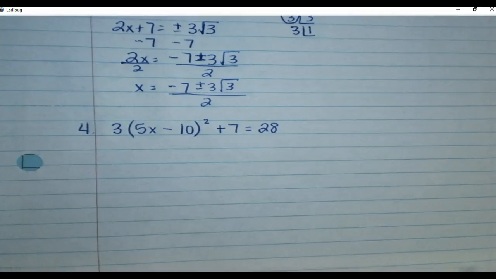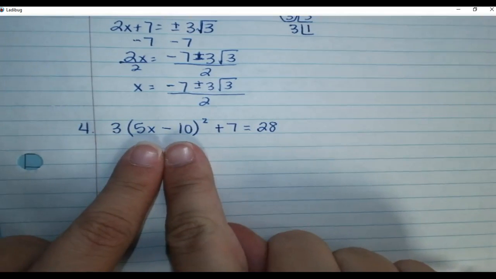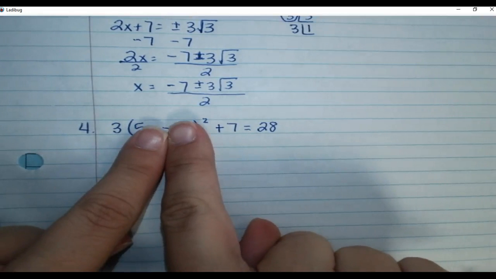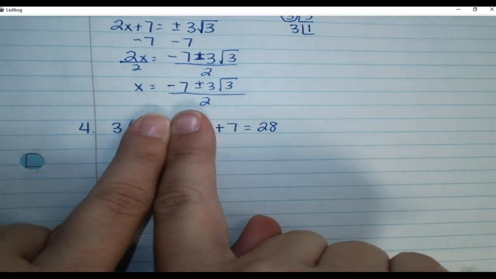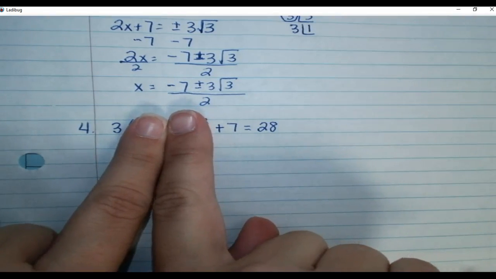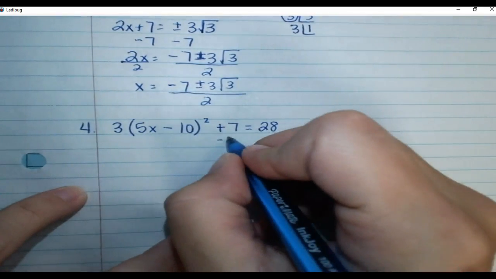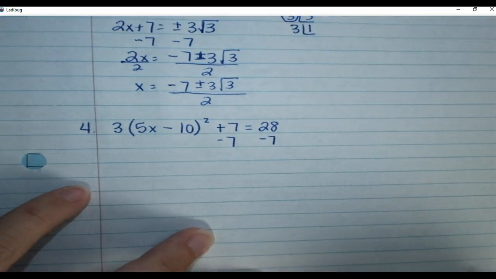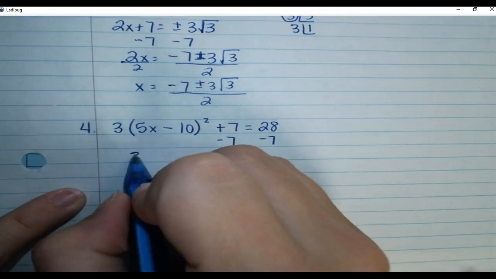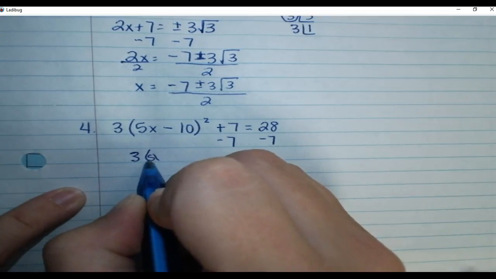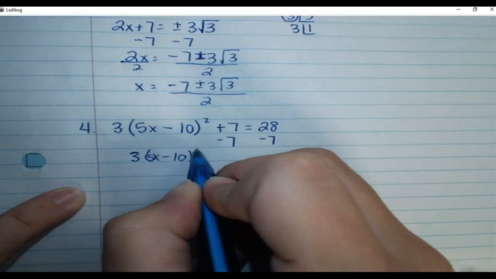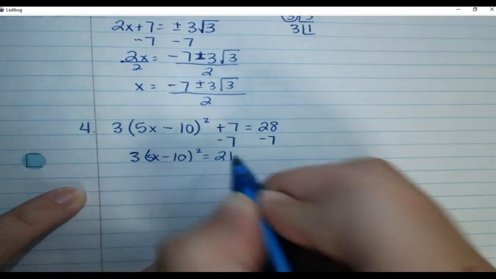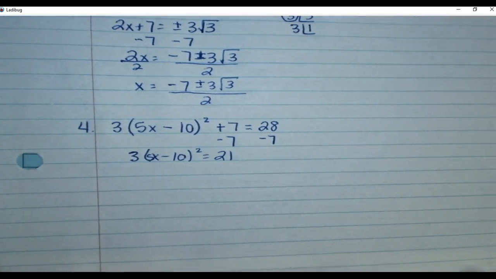Okay. So the first thing we have to do is get our parentheses by themselves. So what should I do first if I want to get that by itself? Good. Subtract 7. So then I have 3 times (5x minus 10) squared equals 21. Good.